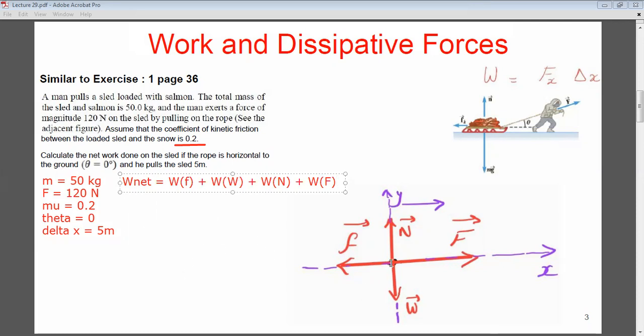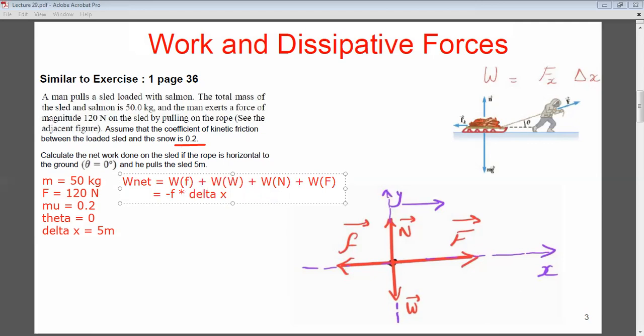Now we know what the work done by friction is. It is the x component of the friction times the distance delta x. Okay, what is the x component of the friction? It is minus, because it is the whole thing, but in the opposite direction. So it's minus F times delta x.